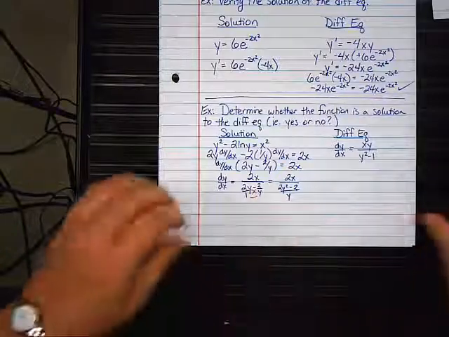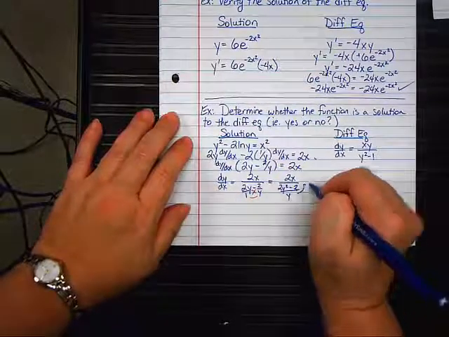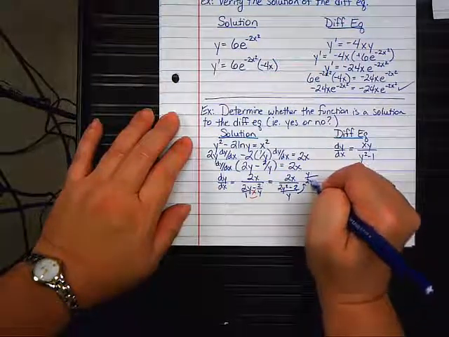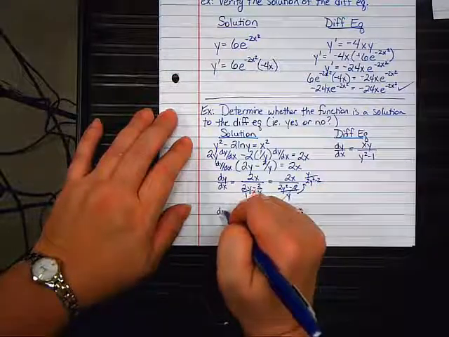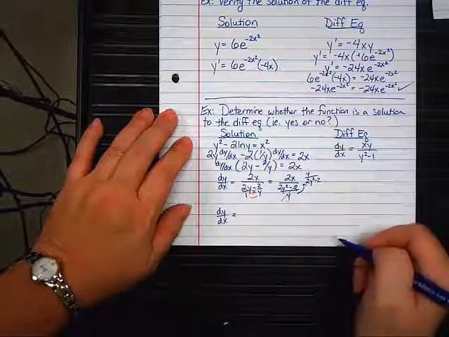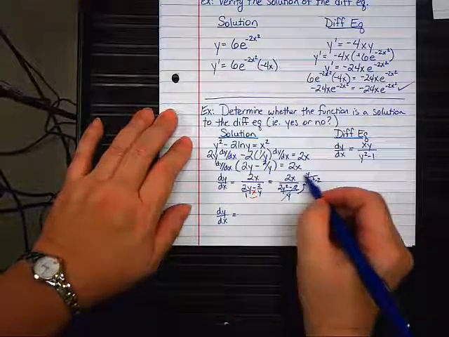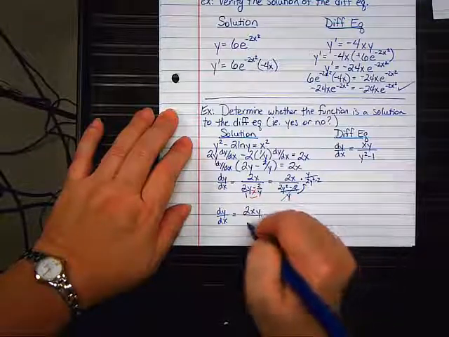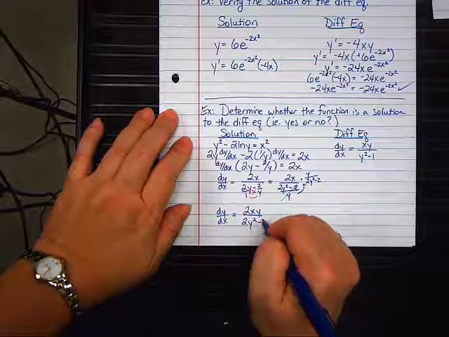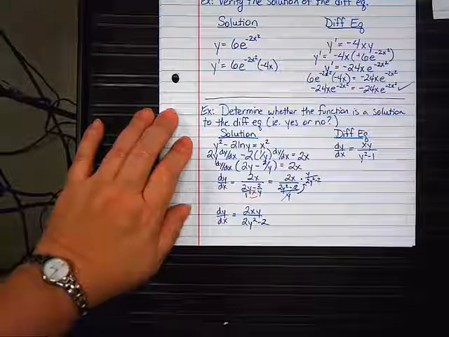Okay, now you can flip that bottom up. So y over 2y squared minus 2. Cross that out. So dy dx equals the numerator is 2xy over 2y squared minus 2. There we go. That looks a little better.